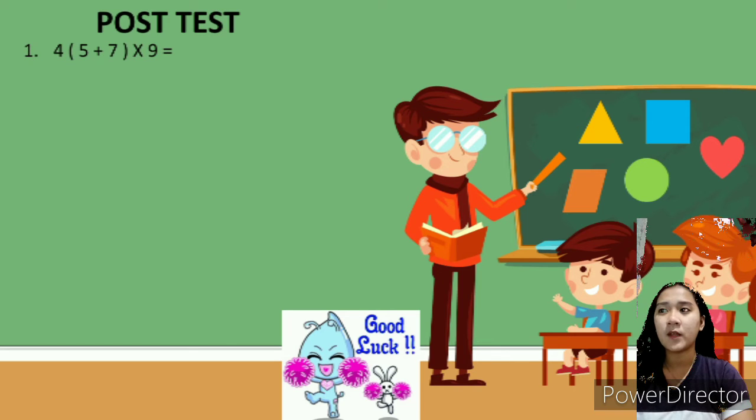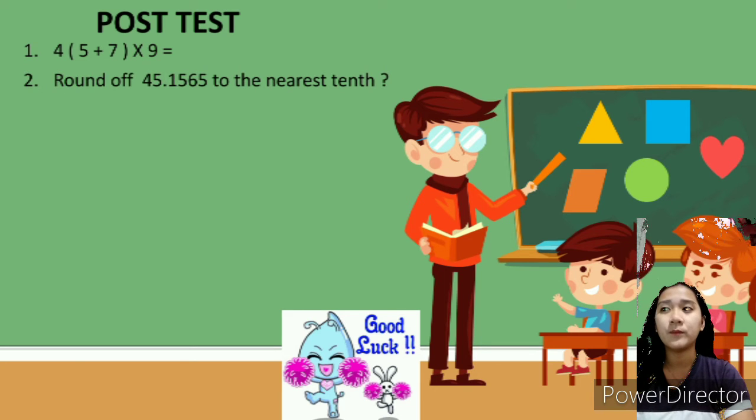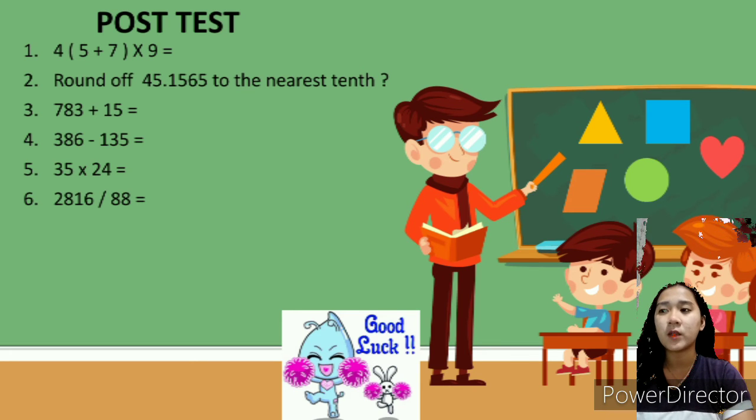Test. Number 1. 4 times the quantity of 5 plus 7 times 9 is equal to. Number 2. Round off 45.1565 to the nearest 10. Number 3. 783 plus 15 is equal to. Number 4. 386 minus 135 is equal to. Number 5. 35 times 24 is equal to.